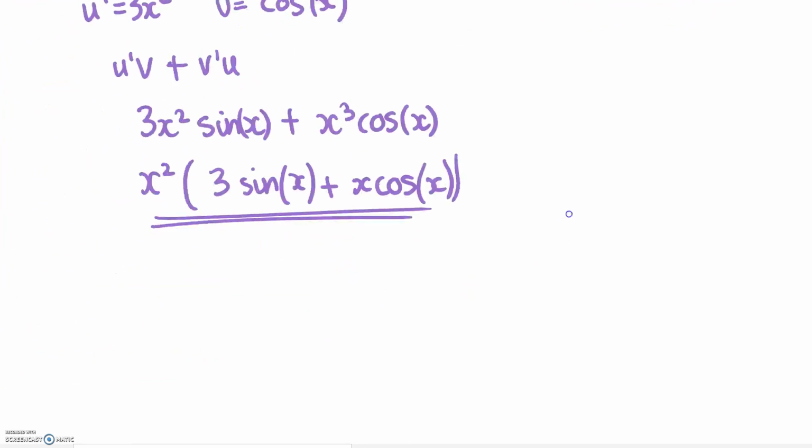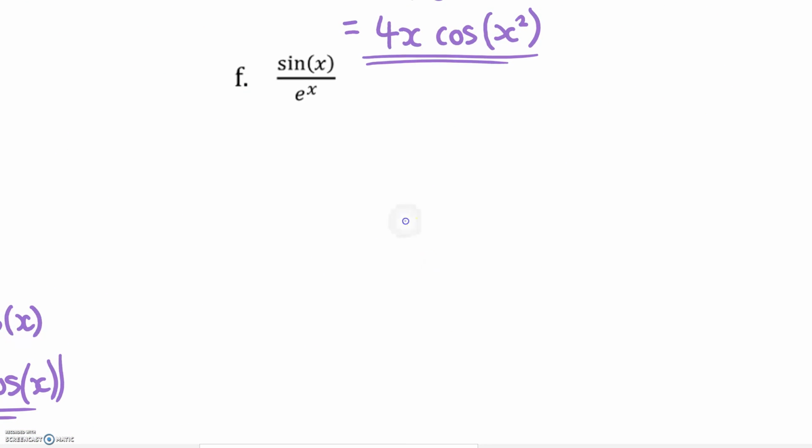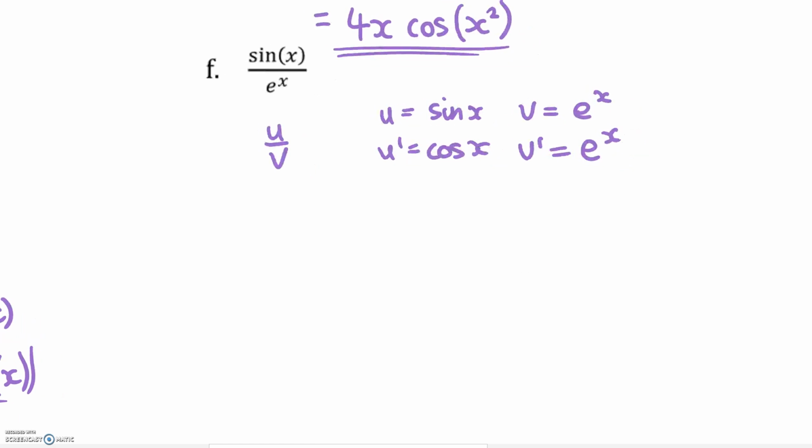Our next one, and I think final part of this first page, is another quotient rule. So this is a u over v. In this case, we've got u is equal to sine x, v is equal to e to the x. u dash is therefore cos x again. v dash is equal to e to the x, because e to the x just does nothing.